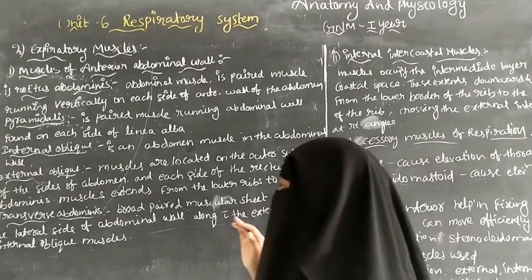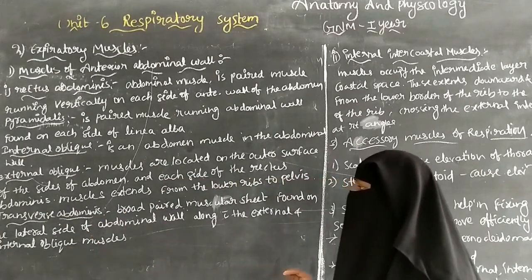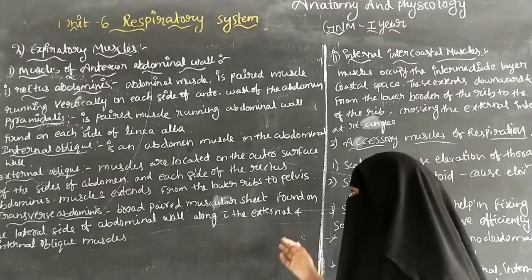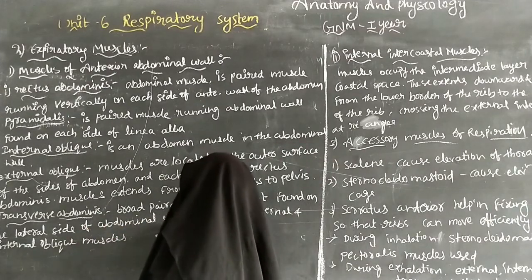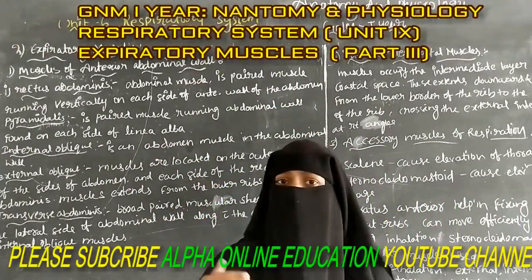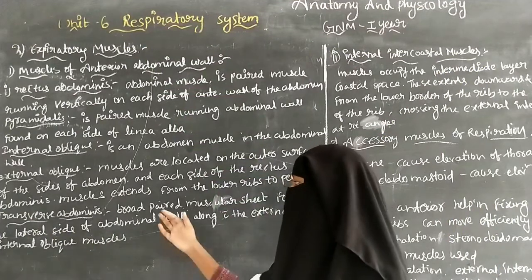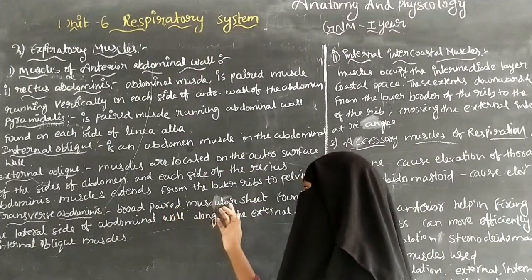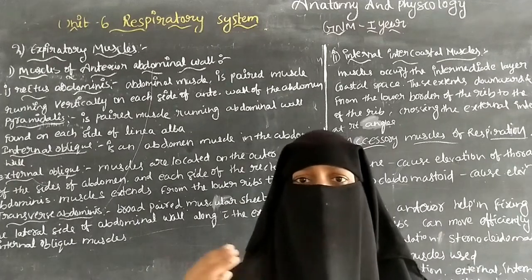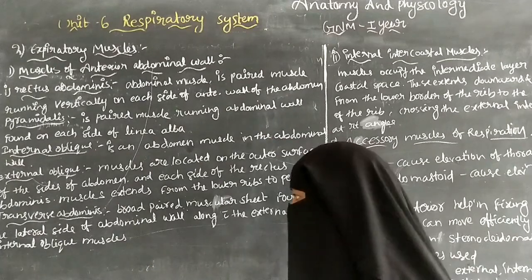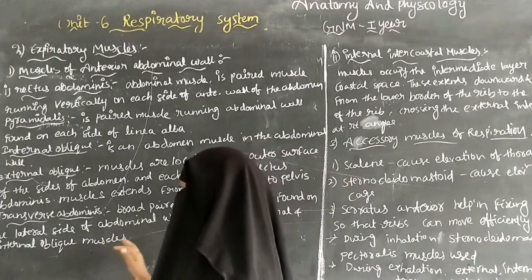The next one is the transverse abdominis. The transverse abdominis is also one of the abdominal muscles. It is a broad, paired muscle sheet found on the lateral side of the abdominal wall, along with the external and internal oblique muscles.